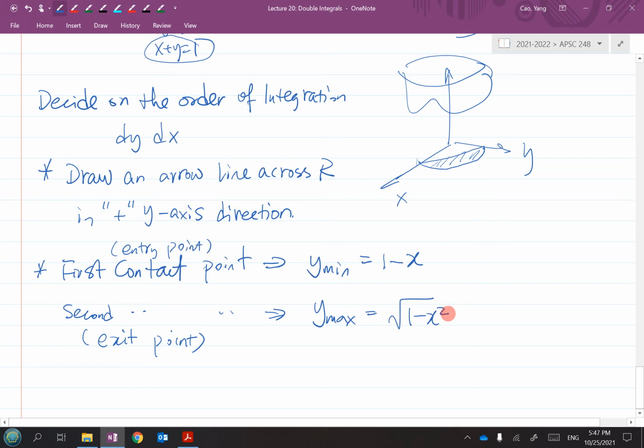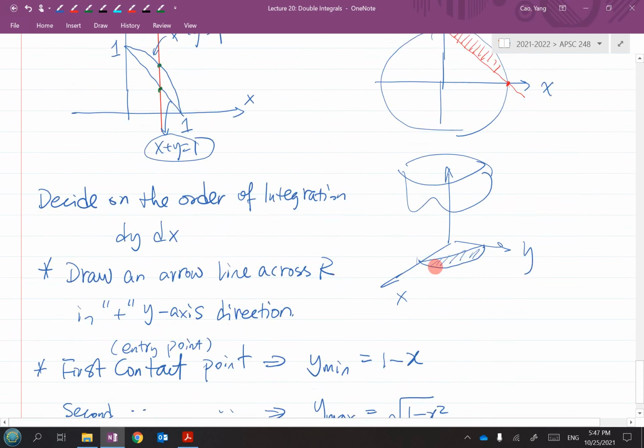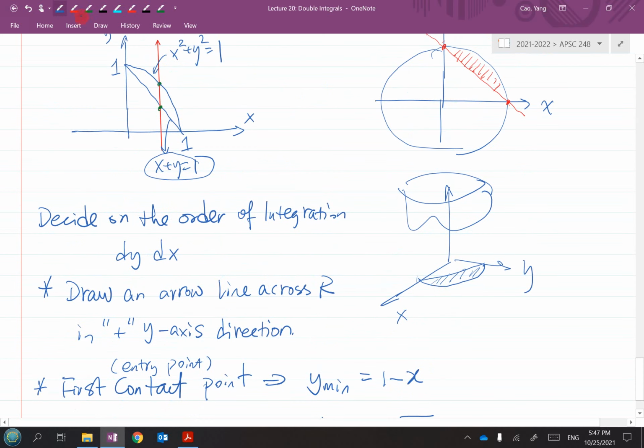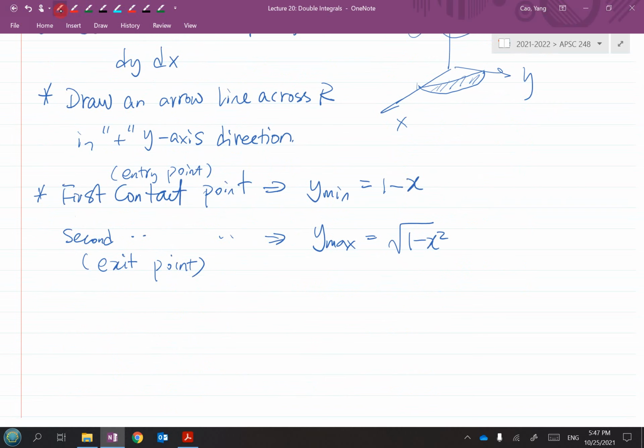That's your y max expression. So the first step of the scan technically presents you with one segment of a green line over there. And after this, then you do the second step of the scan.